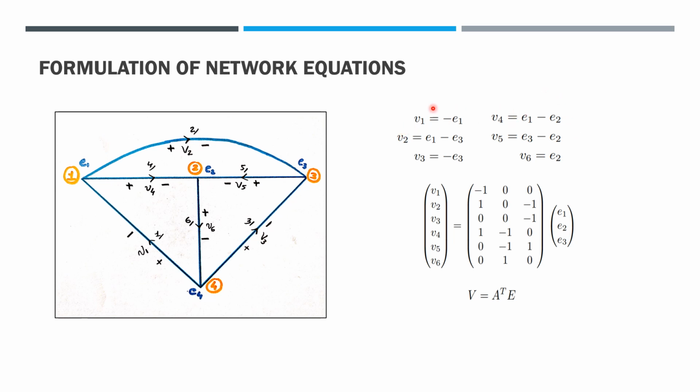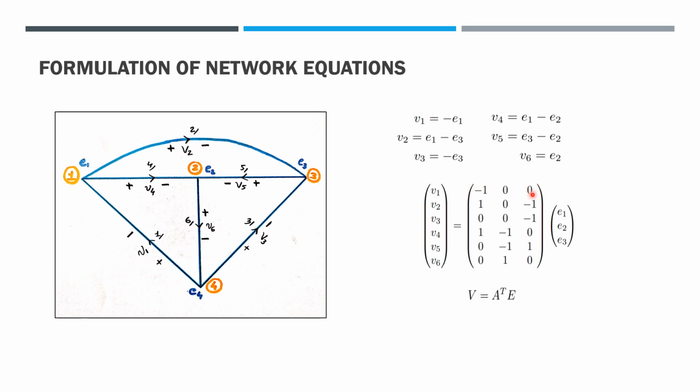If we want to represent these equations in matrix form, then we can represent it by this matrix equation, which is V is equal to A transpose E. Here V is equal to the column matrix of all branch voltages, E is equal to the column matrix of all nodal voltages, and A transpose is the transpose matrix of our incidence matrix.